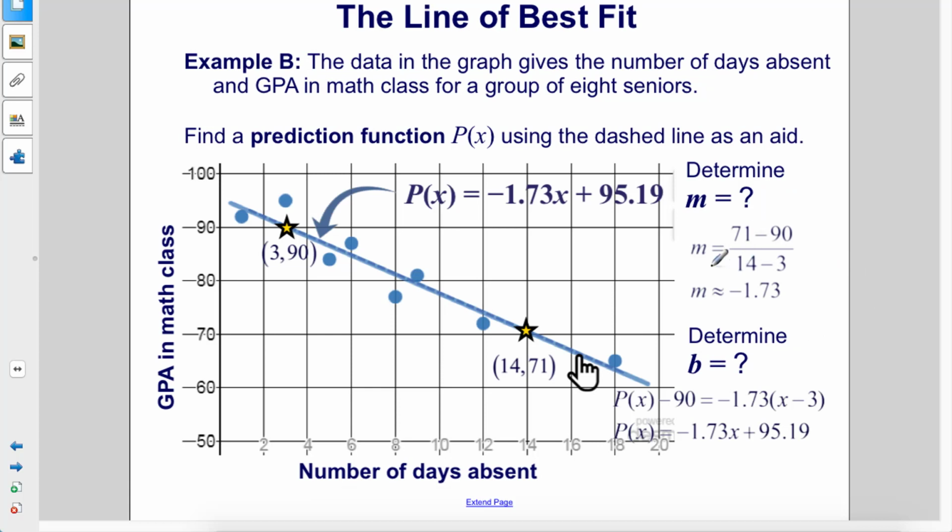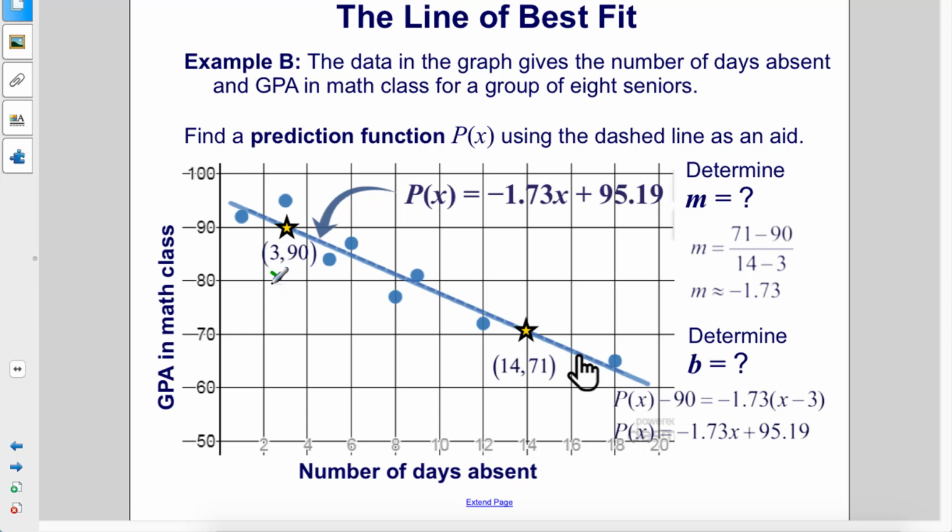To determine the slope, we need to pick 2 points on the line. So we picked 2 points that are the easiest to see what they are. So for example, this point goes right through 14, and it's about 71. And this point looks like it goes right at 3 and 90. So we use those 2 points to determine the slope.